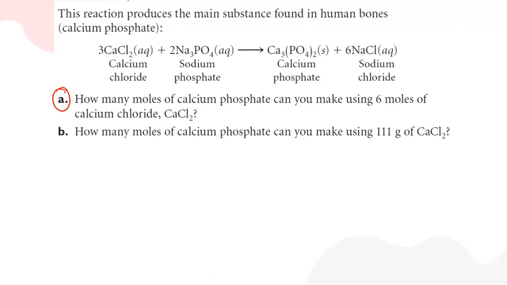How many moles of calcium phosphate can you make using 6 moles of calcium chloride? We're going to use a BCA table for this. So I'm going to write my balanced chemical equation.